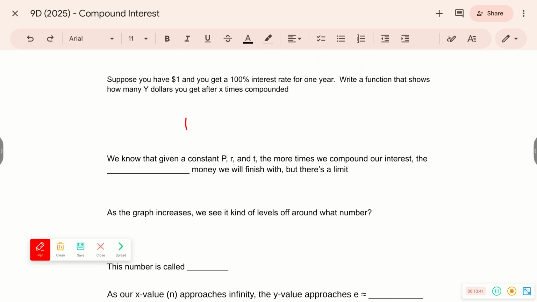So y equals P times 1 plus r over n to the nt power. And so if our P is 1 and we have a 100% interest rate, something like that.